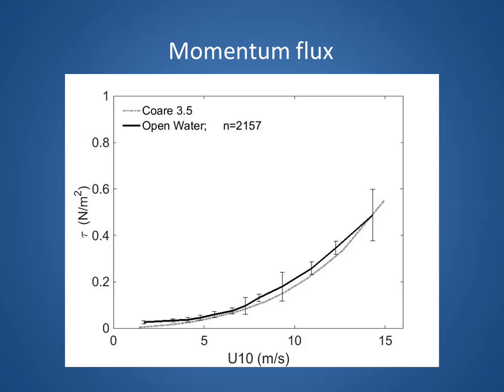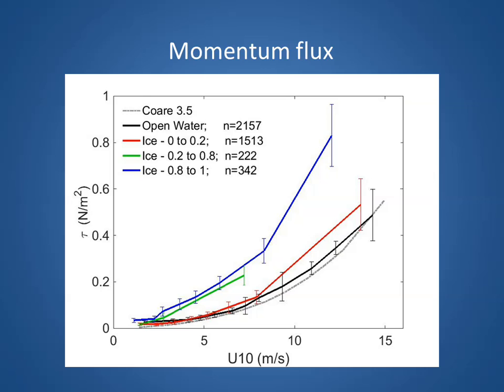So then to show you what we got in terms of our fluxes, this is momentum flux plotted against U10, and it's our open water points plotted against the COARE 3.5. So we're the black line plotted against the gray COARE. So we came in pretty reasonably to the COARE values. But then if I add the periods when we are in ice, you can see the red line is 0 to 20% ice.